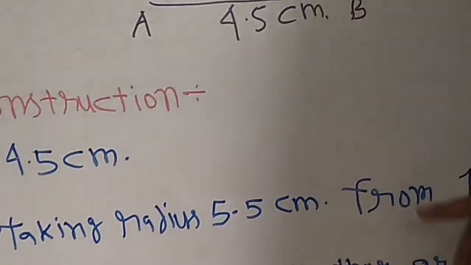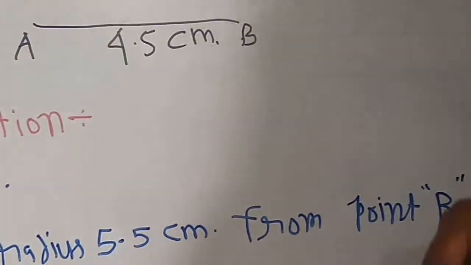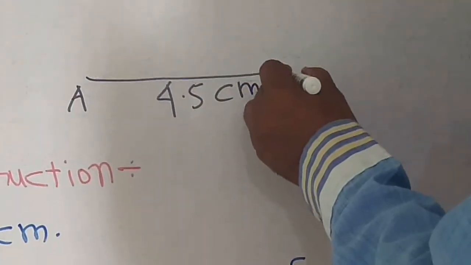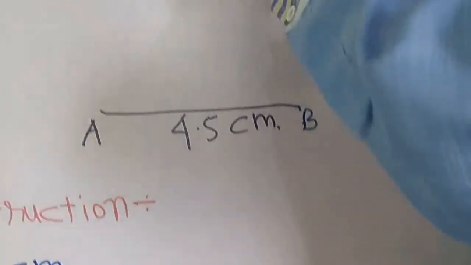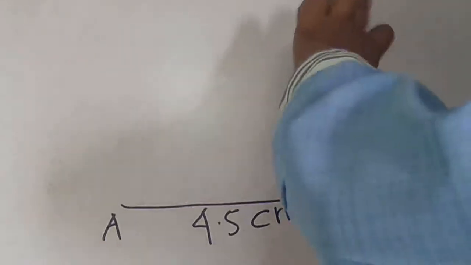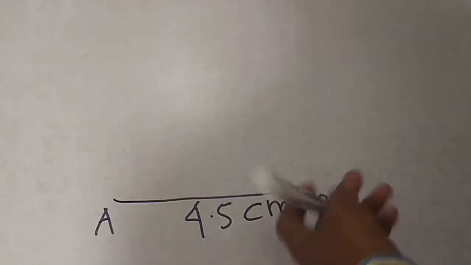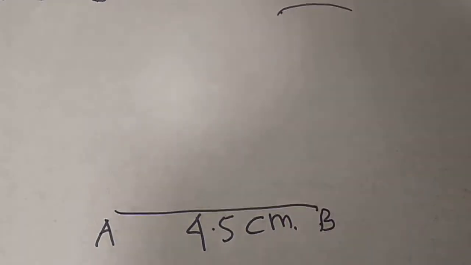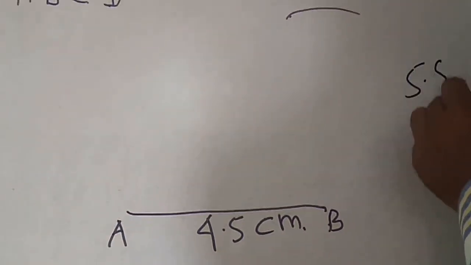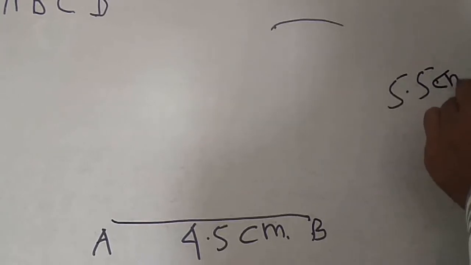So from point B, this is our point B, we take the radius 5.5 centimeter on the rounder, and we draw the arc from point B. So our arc looks like this. This is the 5.5 centimeter arc.